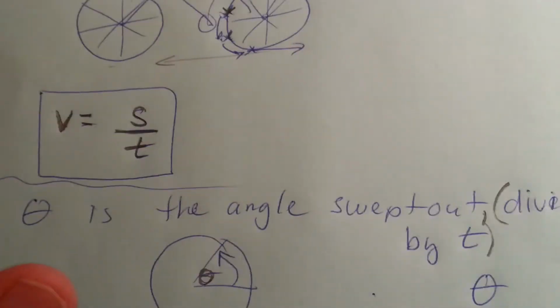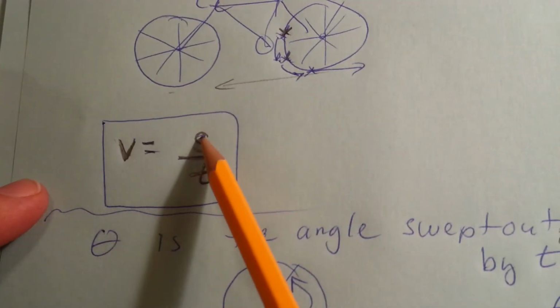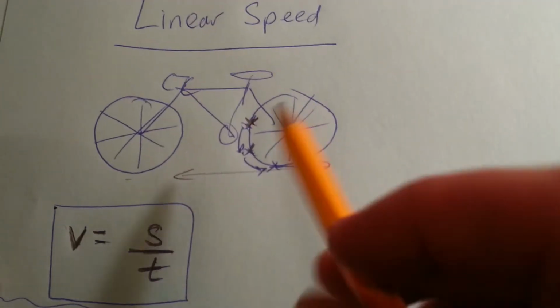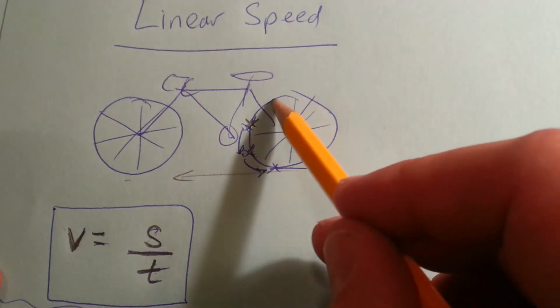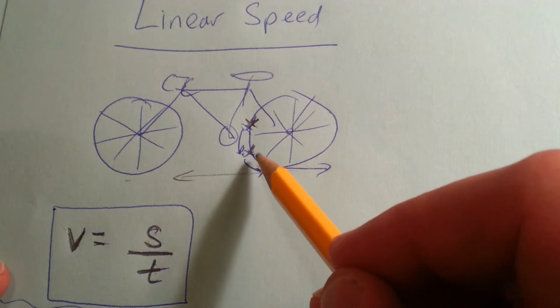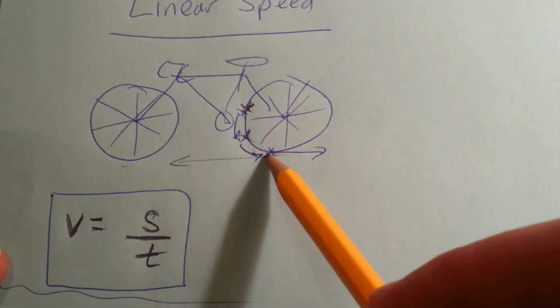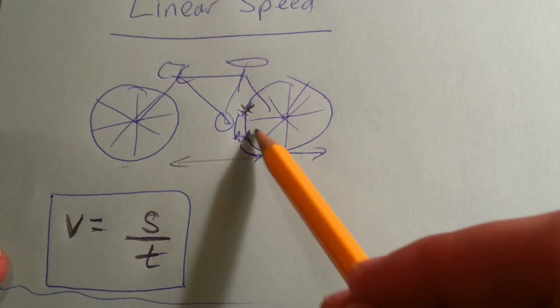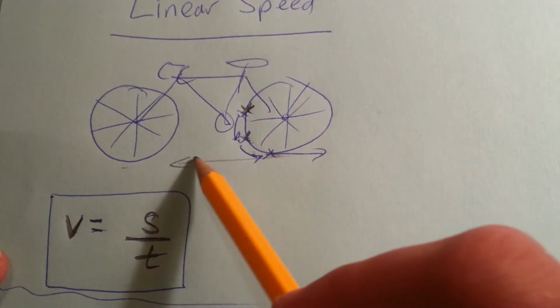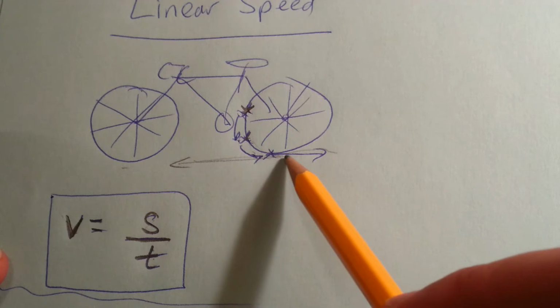Now, let's talk about linear speed. That's the amount of arc length covered per time. Let's say you've got this object on a tire, and we're going to translate it to how fast this spot is mapped out on the ground as it travels. What's its speed?